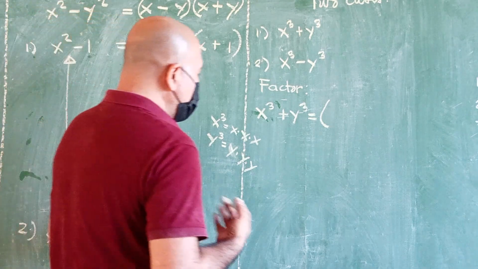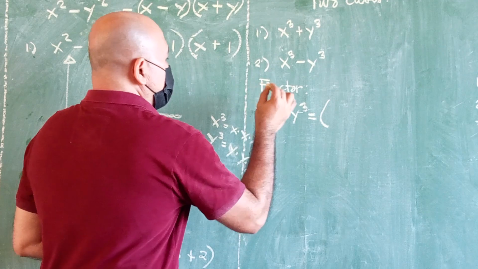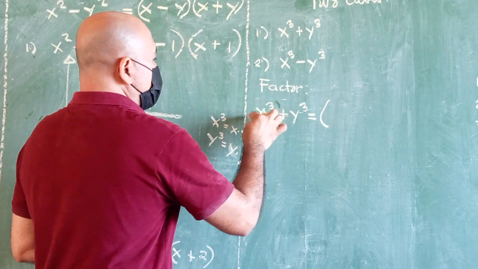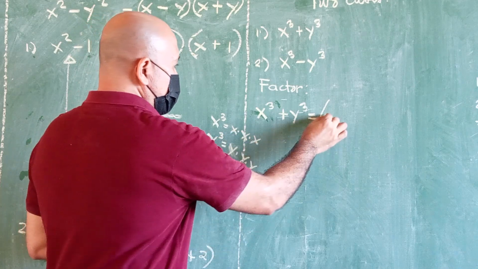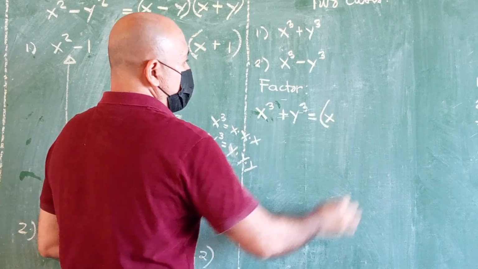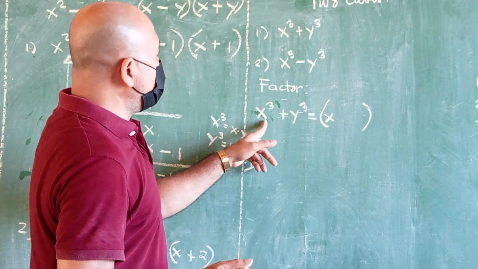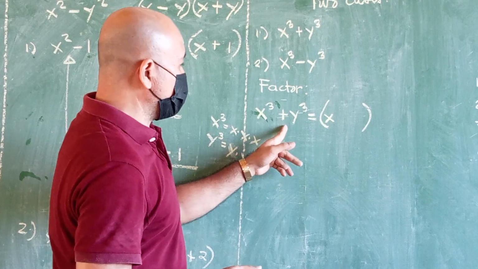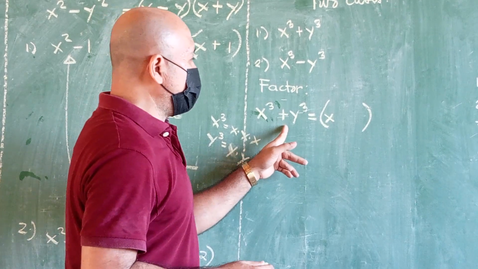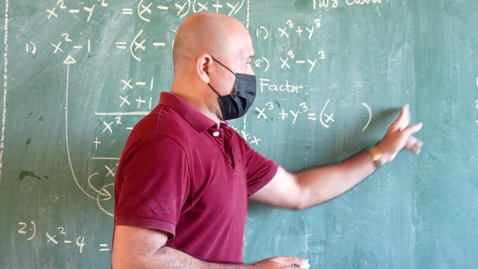Okay, so to factor this out, class, just simply get the cube root of x cubed, meaning the first x, as your first factor. By the way, when you factor out a sum of two cubes, the resulting factors are the product of a binomial and a trinomial.